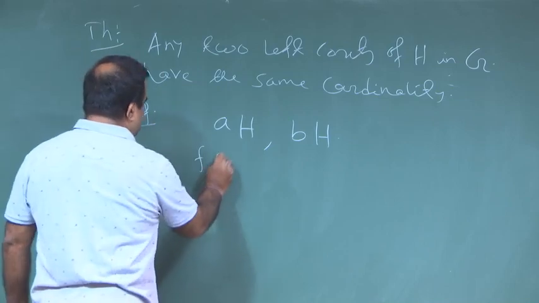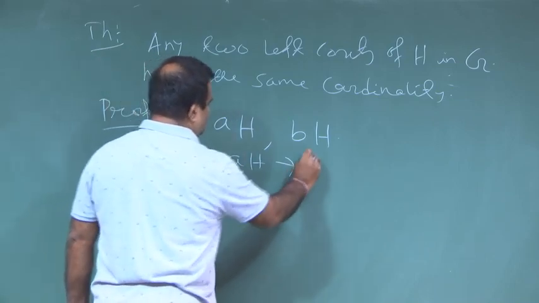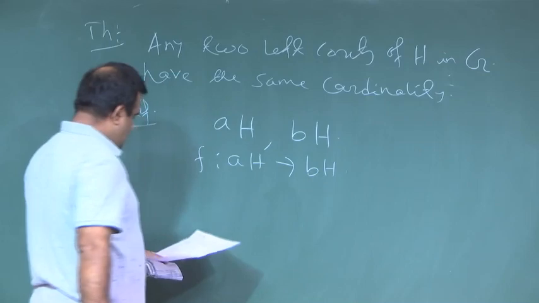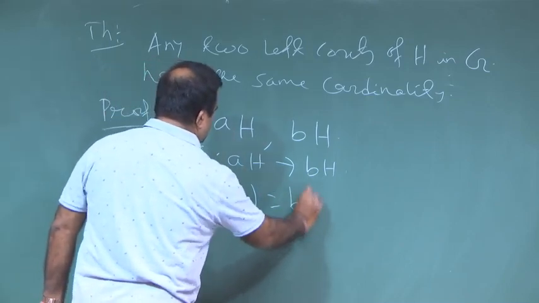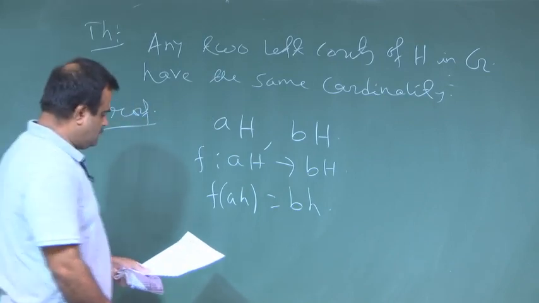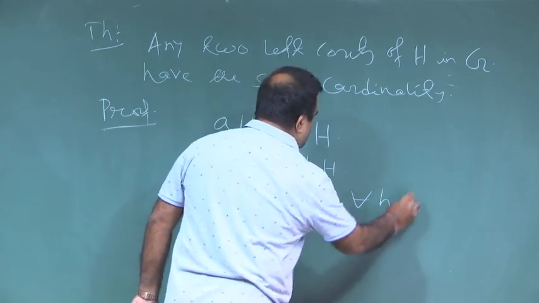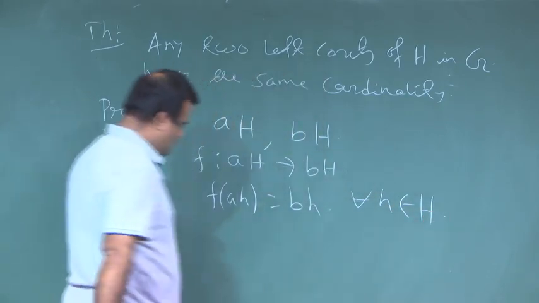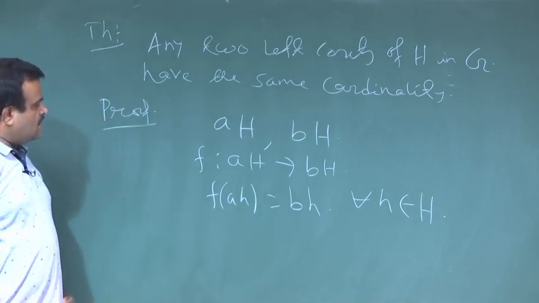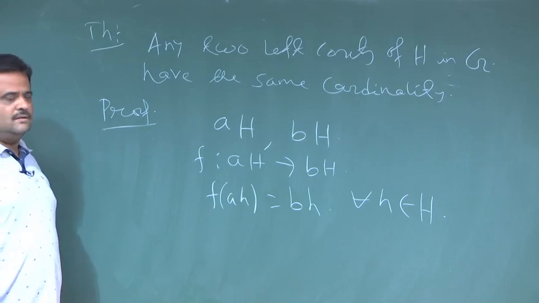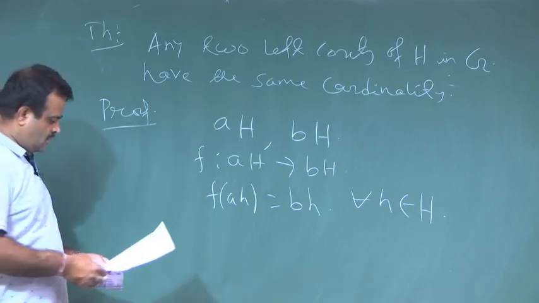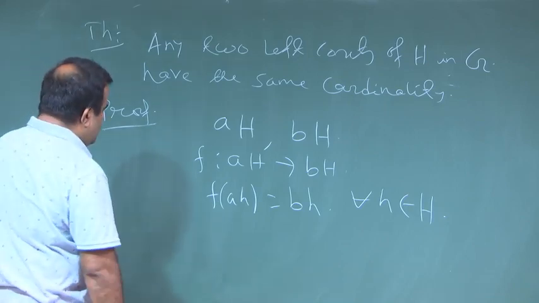So, we define a function from H to BH like this, f of h is equal to Bh for all h belonging to H. Now, if we show that this function is injective, then we are done. So, how to show this is injective?